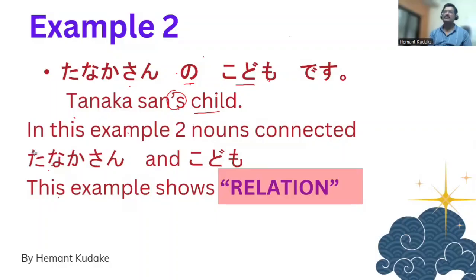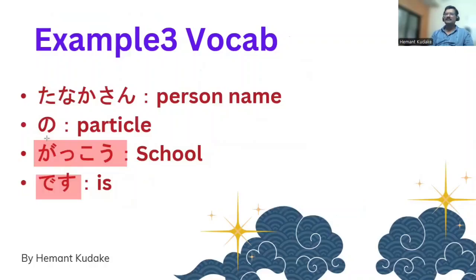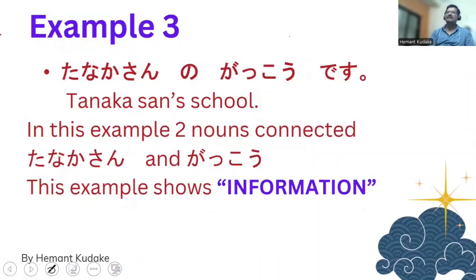Now let's move to the next example of particle no. Before that, let's study the vocab. Tanaka-san is a person name, no is a particle, gakko means school. Desu means is. So suppose Tanaka-san no gakko desu.